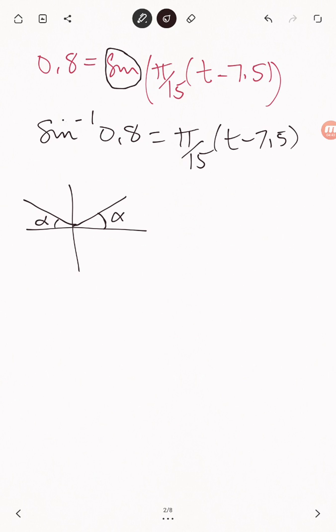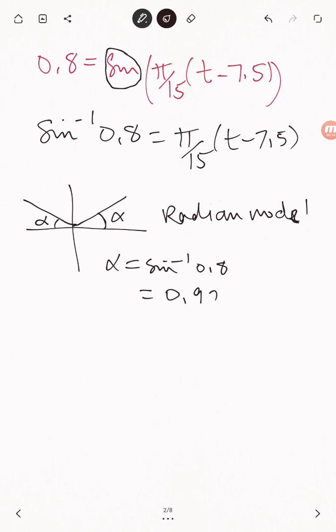Sine inverse of 0.8 you will need to do on your calculator. Make sure you are in radian mode, because we want the answer in radians. And if you do sine inverse of 0.8 on your calculator in radian mode, then you should get, question says round to the nearest hundredth. I'm going to keep 3 decimal places at this point, so 0.927.